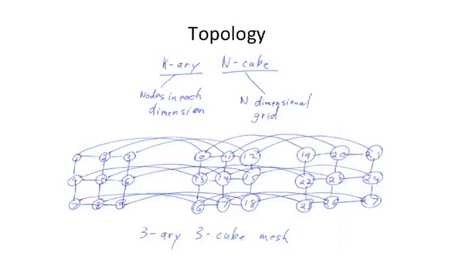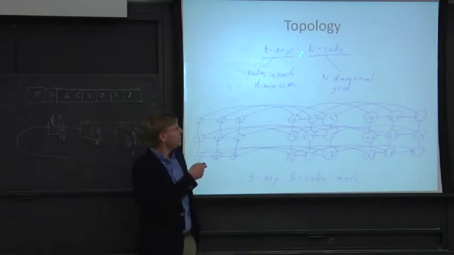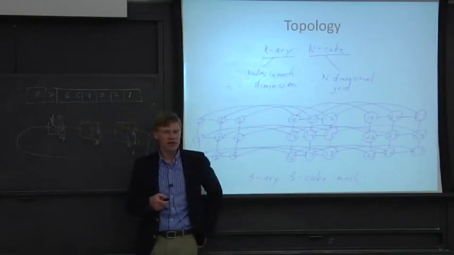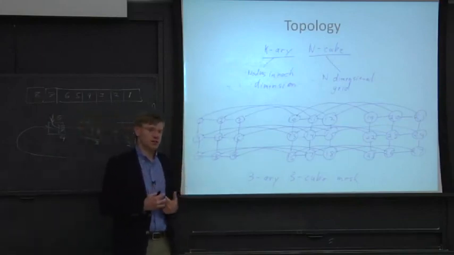The first one is k. So if you say 5-ary, what that means is this is the number of nodes in any one dimension. And the n in our n-cube is the number of dimensions.